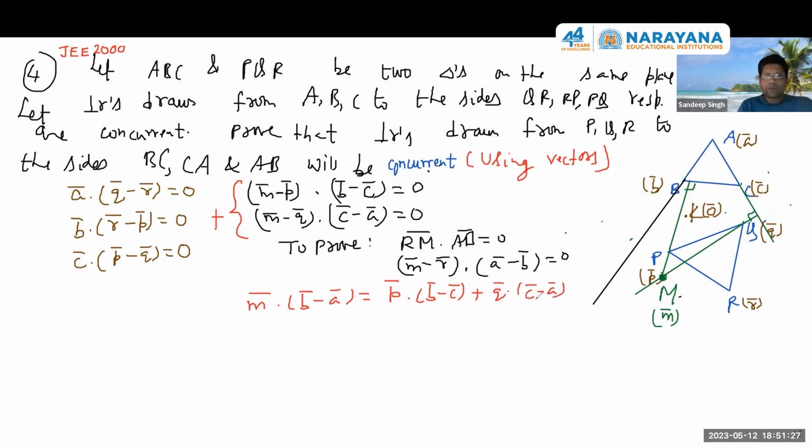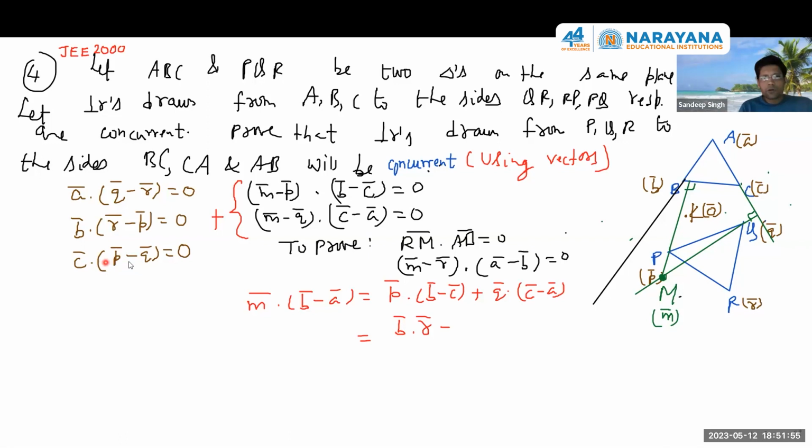Now it will become a problem of simple manipulation. We want to express this in terms of R. So what is P dot B? See here, P dot B from this, see my pointer. P dot B is B dot R. So keep on writing B dot R. What is P dot C? P dot C is C dot Q, from here.